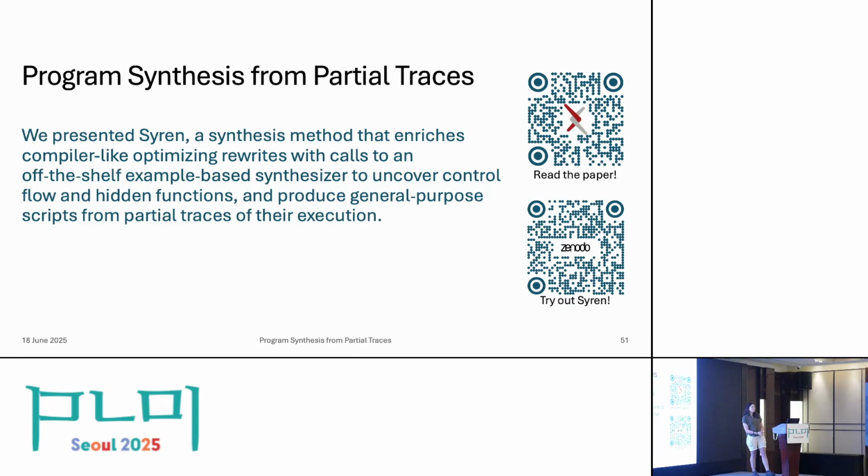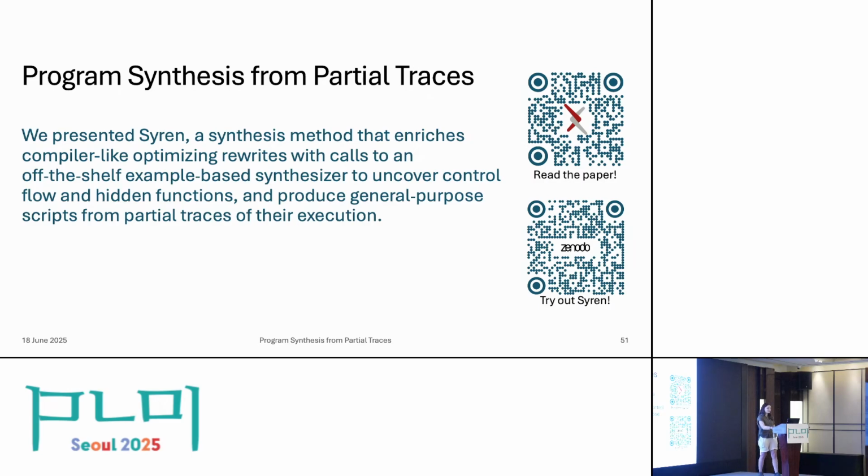So I showed you how Siren enriches compiler-like optimizing rewrites with calls to an off-the-shelf example-based synthesizer, which allows it to control data and control flow and synthesize hidden functions, thus producing general-purpose scripts from partial traces of their execution.